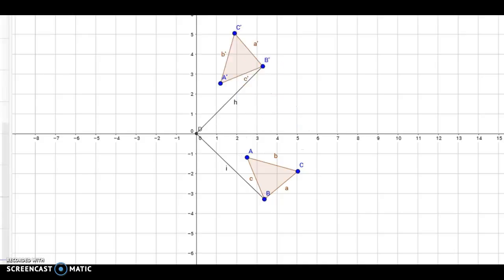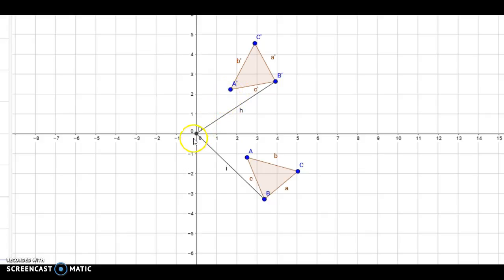So if I rotate this, now the angle is measured from here to here. It will be the same when it is measured from A dash to A. So this is the same angle.